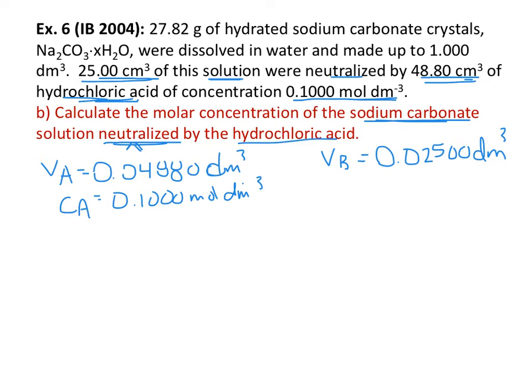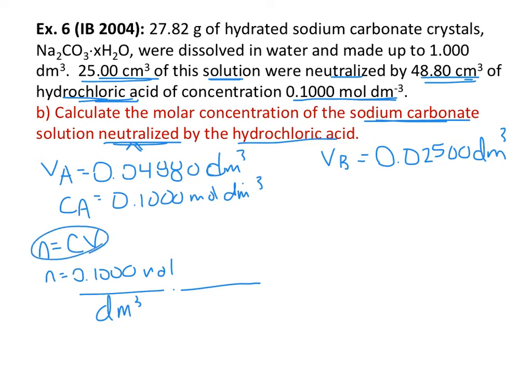I'm going to start over here with the acid, where I can find the number of moles by multiplying the concentration times the volume. So the concentration is 0.1000 mole per decimeter cubed, and I'm going to multiply that by the decimeters cubed. If you don't necessarily have this molarity formula to the point that you can manipulate it off the top of your head, use your units.